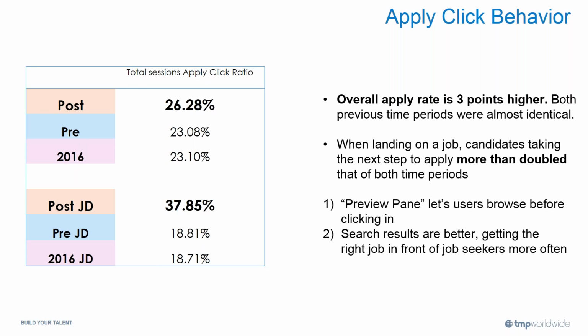The bottom one here really jumps out to me though. It's really significant, where previously it was in a range of 18.7 to 18.8, roughly the same. That's all the way up to 37.85%. And I think there are two main reasons for that. The first one is that preview pane that we take a look at.